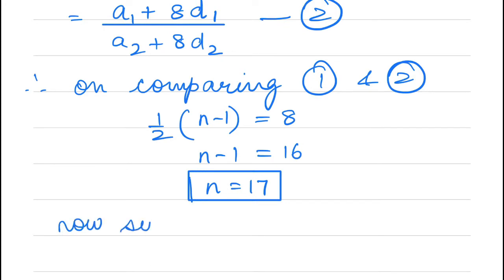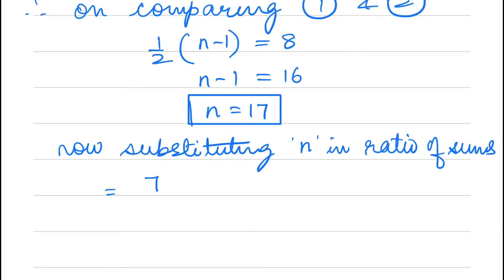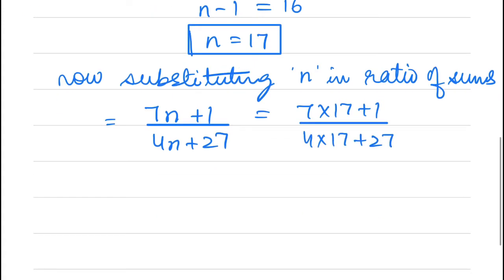Now substituting the n value in the ratio of sums, 7n plus 1 divided by 4n plus 27 will be equal to 7 into 17 plus 1 divided by 4 into 17 plus 27. This is equal to 119 plus 1 and 68 plus 27.